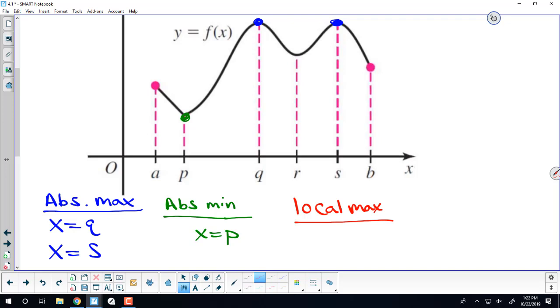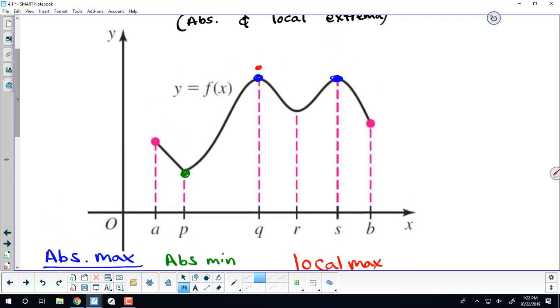Do y'all agree? Is that a local max here and here? Yes. Those are definitely the highest points around that curve, right? So we're just thinking of an open interval around this, which really corresponds to this open interval, right?